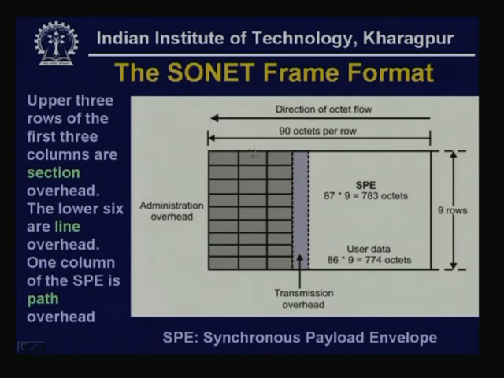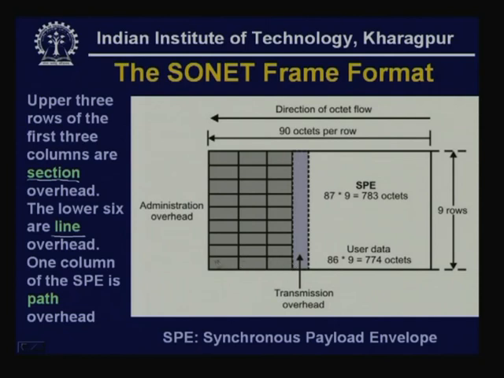Per row it has got 90 octets, out of which the first 3 columns are used for overhead, section and line overhead. The top 3 rows of the first 3 columns give you the section overhead, and the 6 rows of the lower first 3 columns are the line overhead, and the path overhead is 1 column.